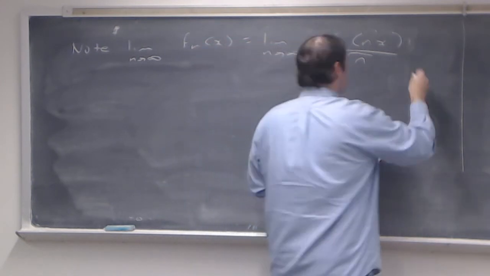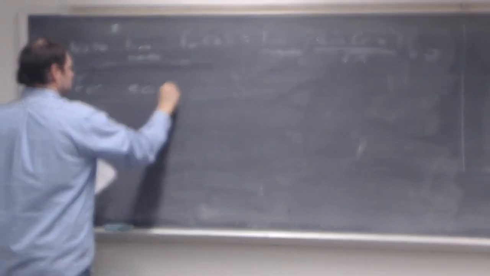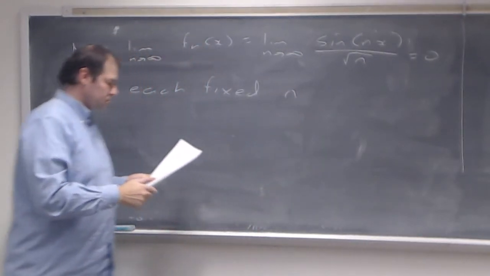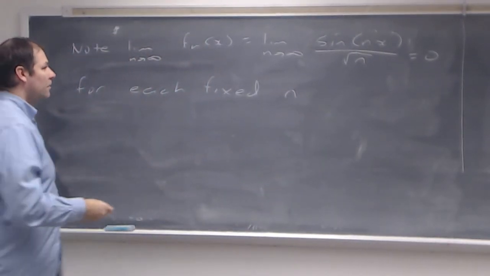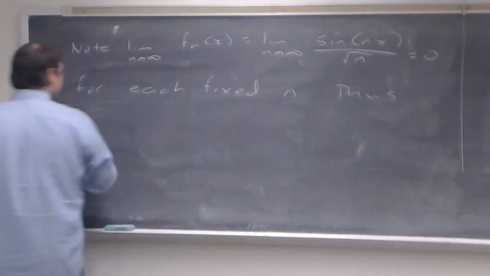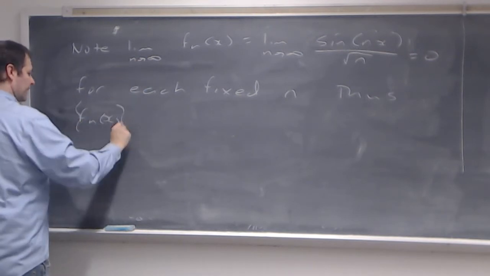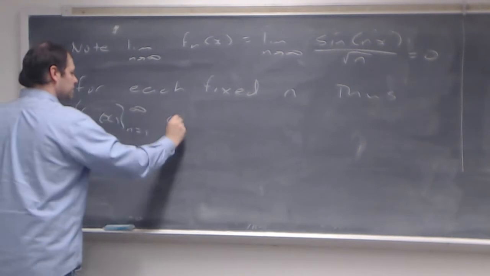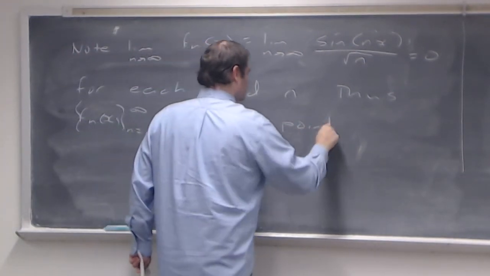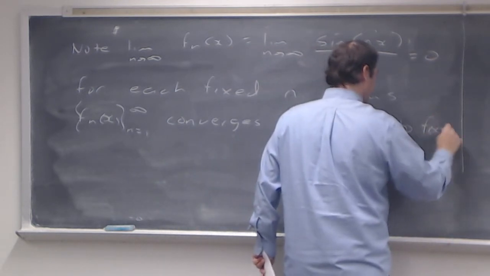So this goes to 0, and that's true for each fixed x. Thus, this sequence of functions f sub n converges pointwise to f equal to 0.